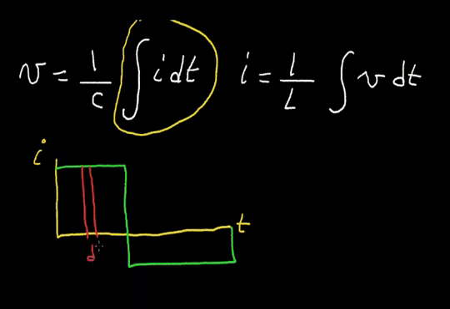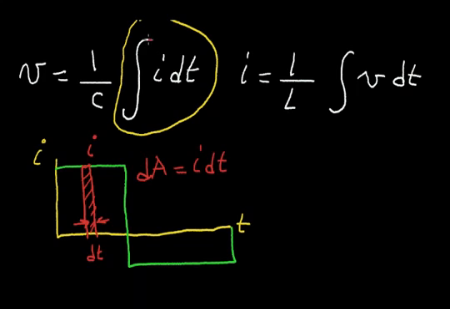So I have dt, which is this little moment in time, very tiny bit of time. My current at this point is, I'll call it I. So the area of this little sliver, a very small little slice of area, I'll call it dA, is equal to I times dt.